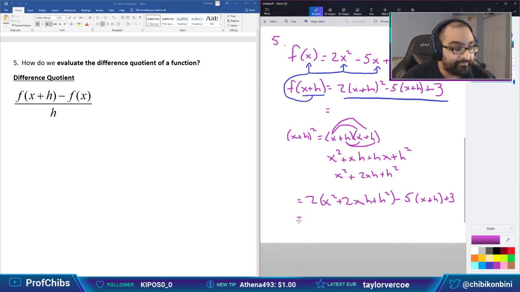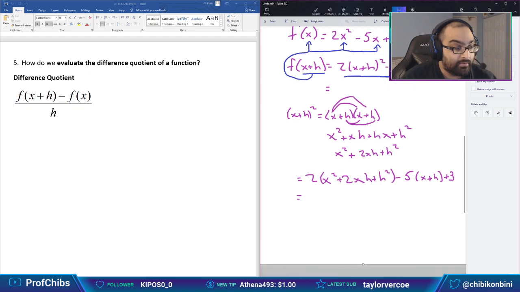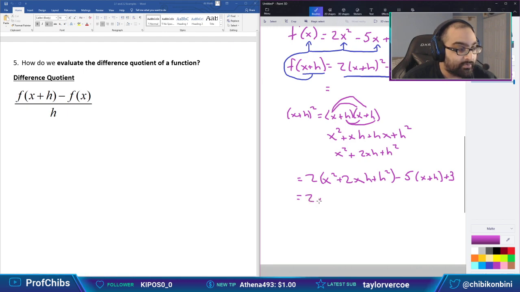Now we're going to go ahead and distribute. So let's distribute and see what we have. We have 2x squared plus 4xh plus 2h squared, minus 5x, again because of the negative 5 here, minus 5h, plus 3.